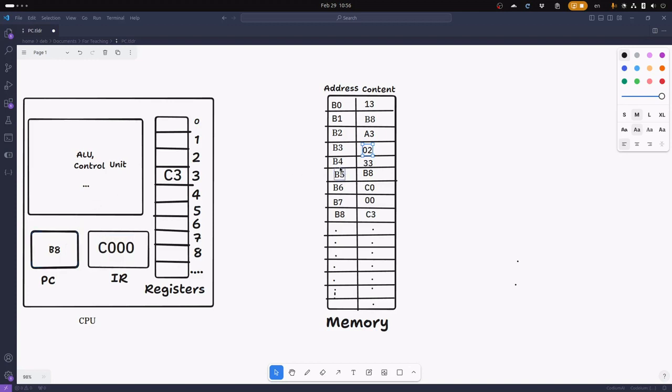It keeps going on. And if we found that the instruction we got is C000, that means after executing this our program will stop. That's it.